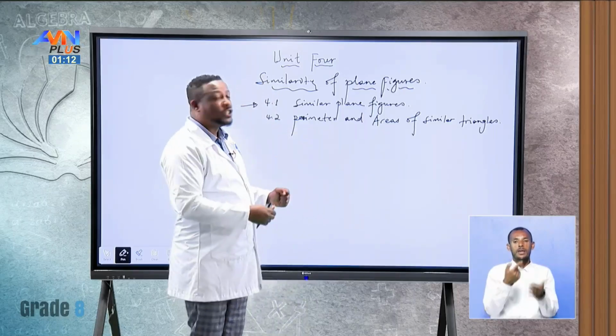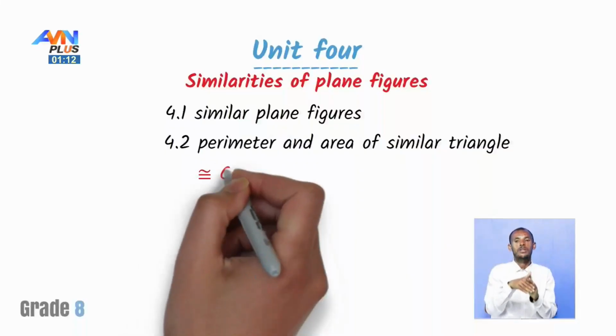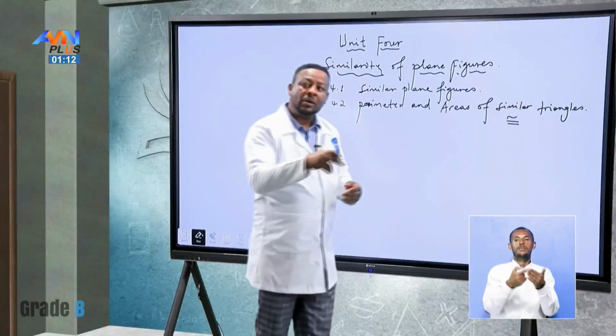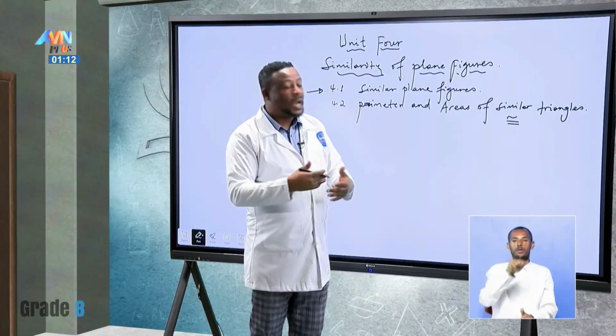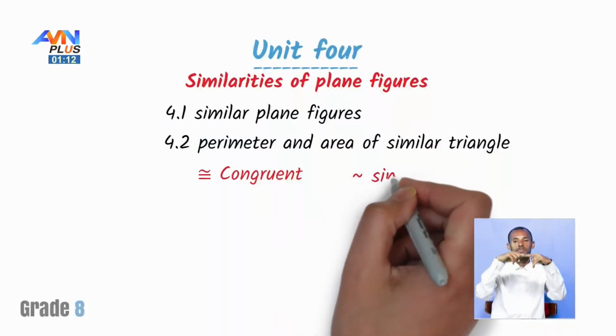Here in our discussion, we use different symbols, like this symbol, an equal sign with something on top, which means congruent, and we use another symbol to say similar.